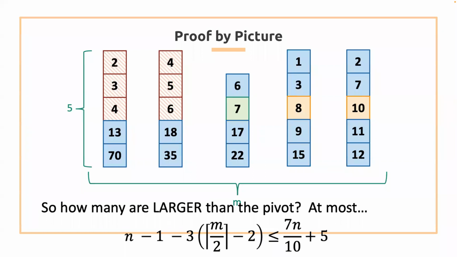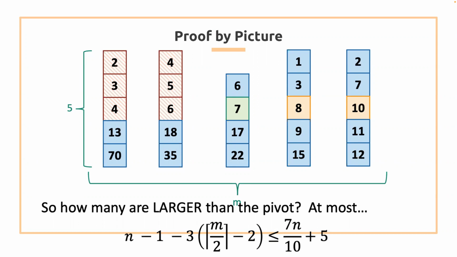So if you work out the math, m is n divided by 5, right? So this becomes n divided by 10. And then this is a ceiling operation. You can actually drop it because you're trying to upper bound it. So you could just say n divided by 10. And then if you multiply -3 times -2, you get +6.